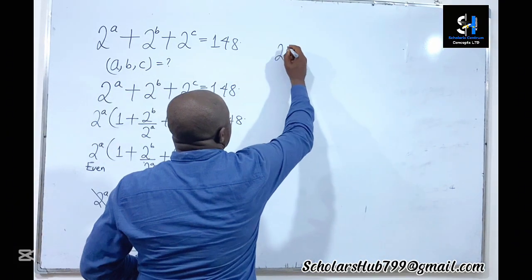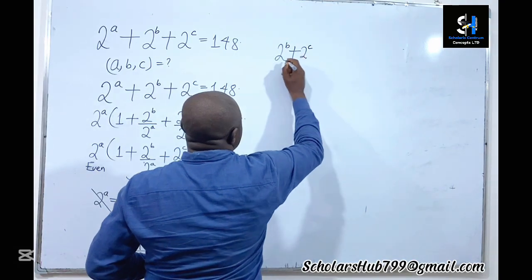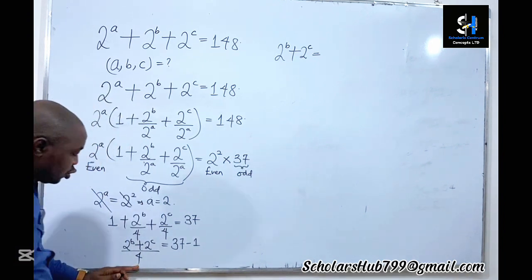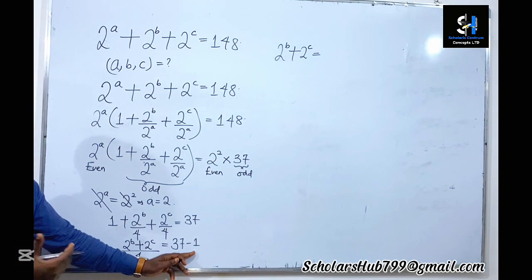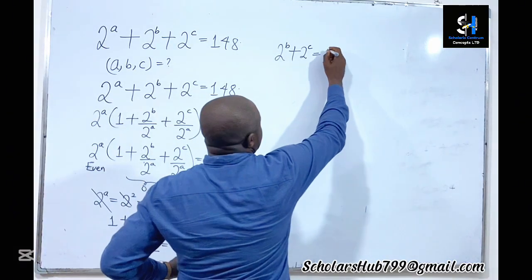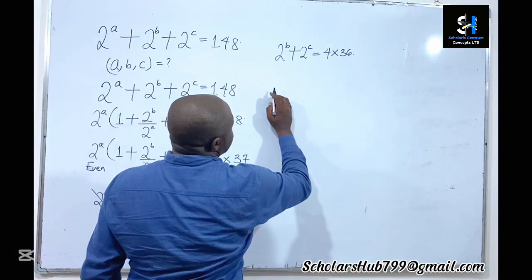So we then have on the left hand side 2 to the power of b plus 2 to the power of c, over 4. And we are going to use this 4 to multiply whatever we get on the right hand side, and that's 36. So it means we are going to have 4 times 36.